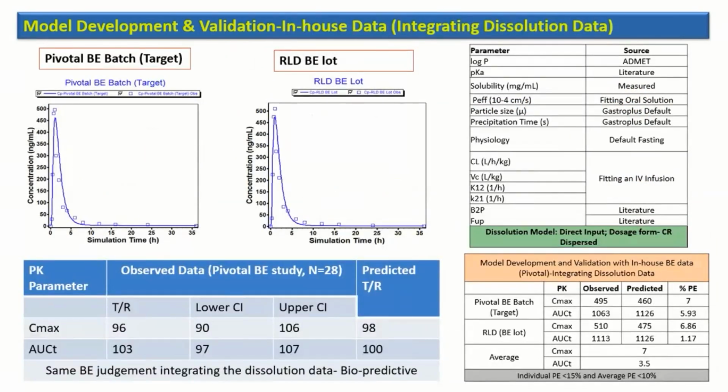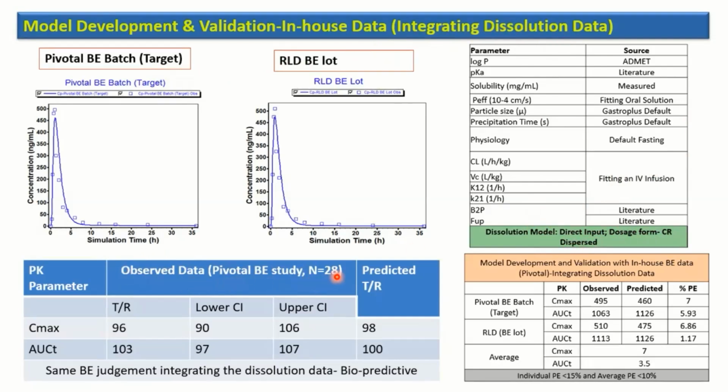In the next stage, the in-house batch data, the pivotal biostudy data, were used to validate the model to increase the confidence. In this stage, we incorporated the dissolution data in the QC media, and since this is basically a class 3 drug, where we need not incorporate dissolution data mechanistically, the data was used as such, and the dosage form was switched to controlled release dispersed.